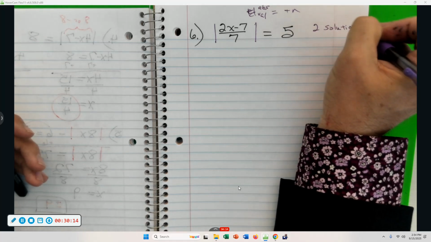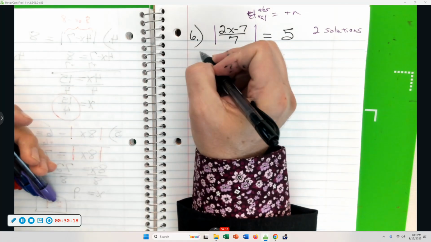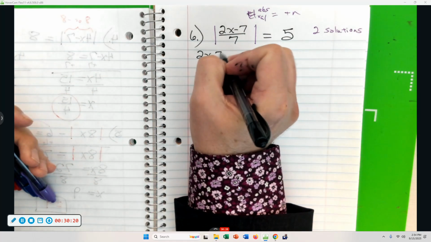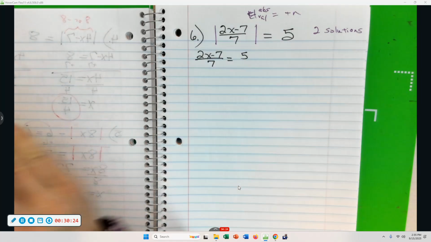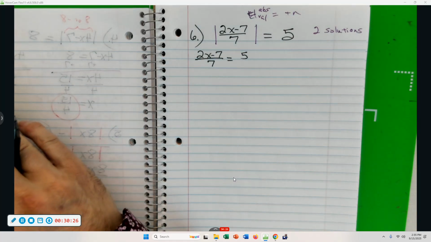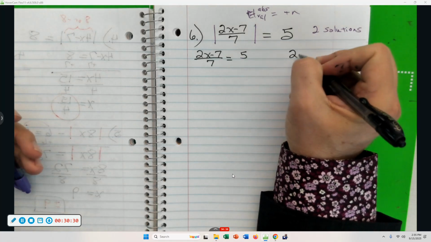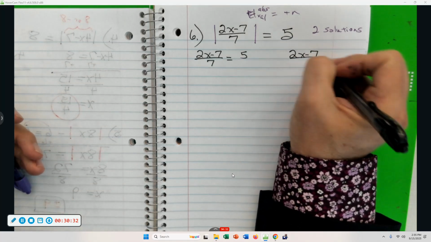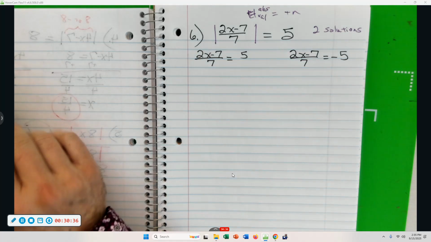I'm just making a note of that. So the stuff inside, 2x minus 7 all over 7 has to equal a positive 5, or what's the other, or a negative 5. 2x minus 7 over 7 equals a negative 5.